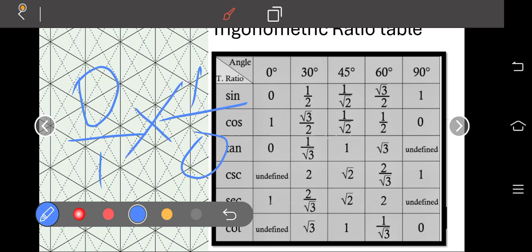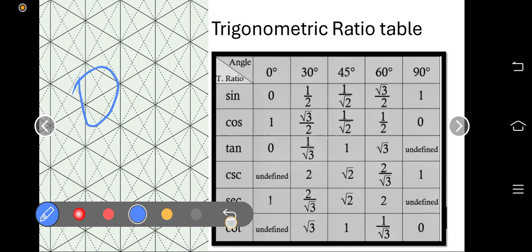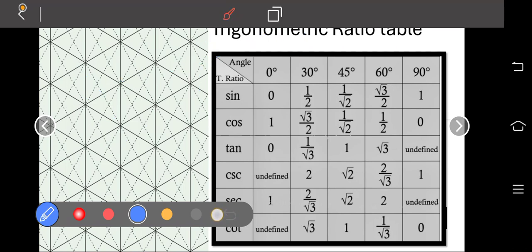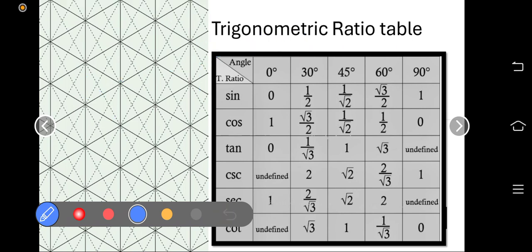See, is it a reciprocal? So 1 upon, like something upon 0 is not defined. And coming to 30 degrees, see, the value of sine 30 is 1 by 2. Coming to reciprocal, 2 by 1 also equal to 2. And coming to 45, 1 by root 2 is also equal to root 2.